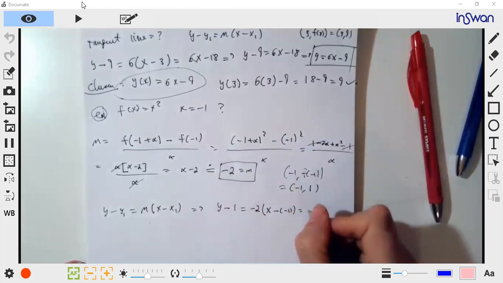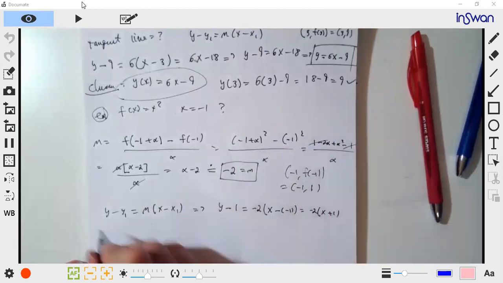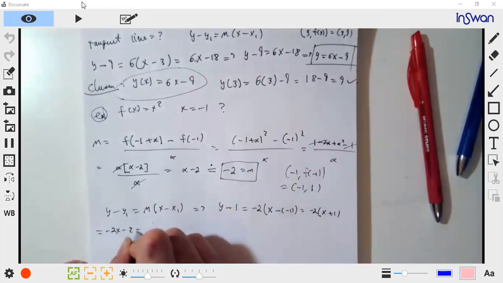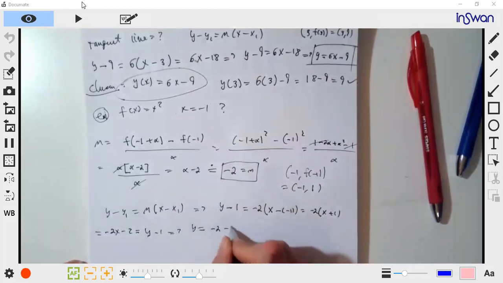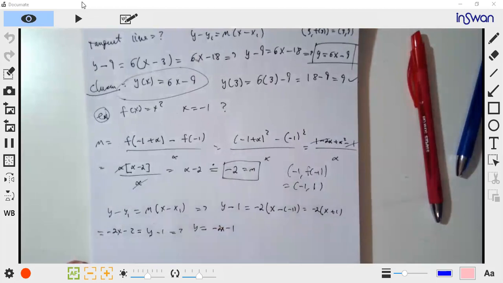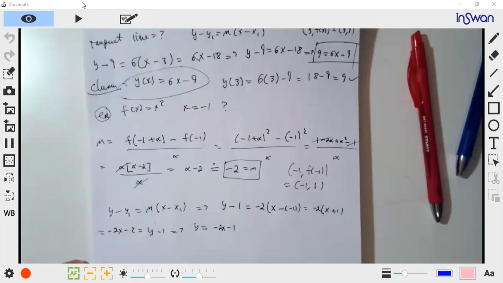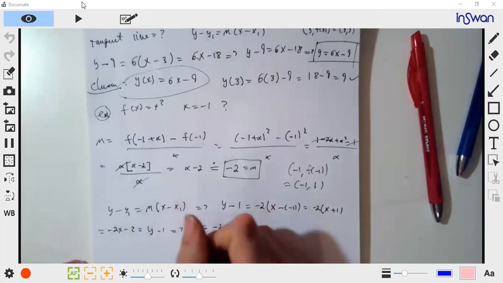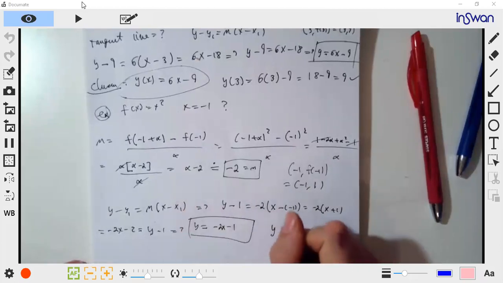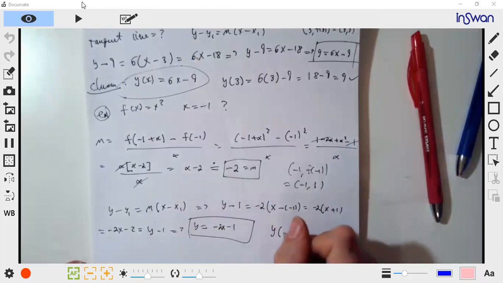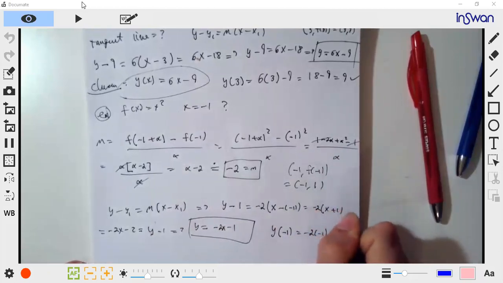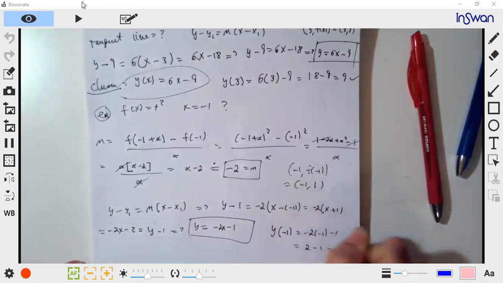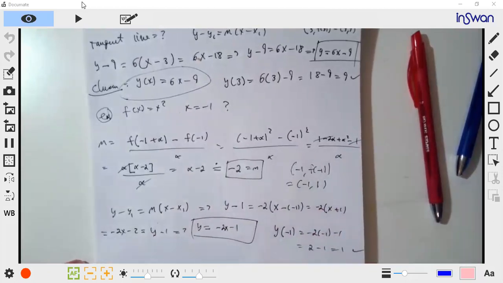So this becomes negative 2 times the quantity x plus 1. This becomes negative 2x minus 2 is equal to y minus 1. That implies y is equal to negative 2x minus 1. Okay, so this is our new equation for the tangent line. And check this out. Here's our check. y of negative 1 should output a 1. Chink, that works.